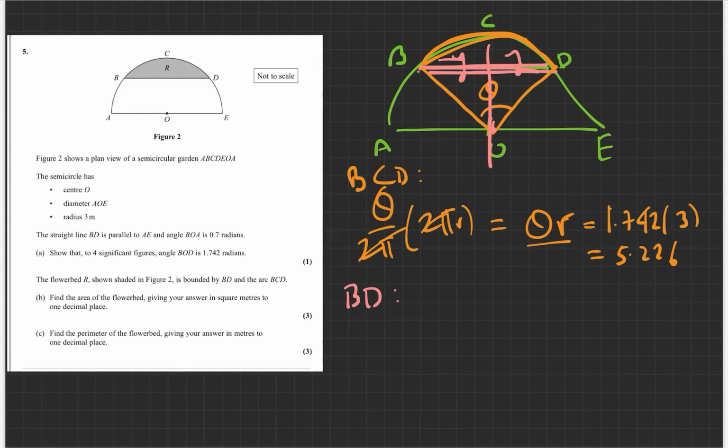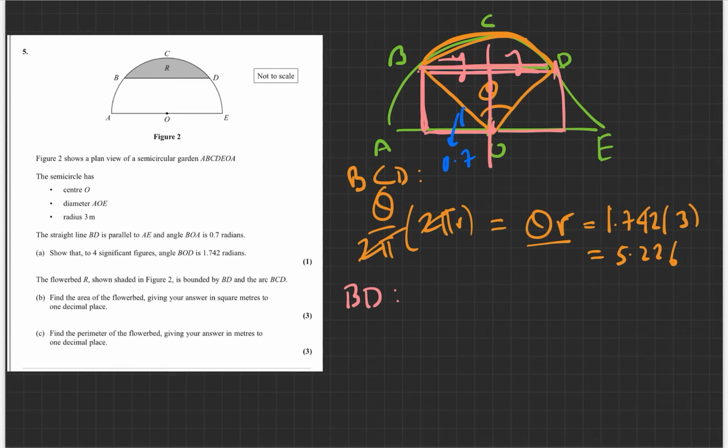Now, in order to find this, if this length here is the same as this length, right? Because this essentially becomes like a square, right? Because this point and this point is the same length, and this point and this point is the same length. And I can do the same thing here. And the beauty of this question is I already have this angle here, which is 0.7, right?